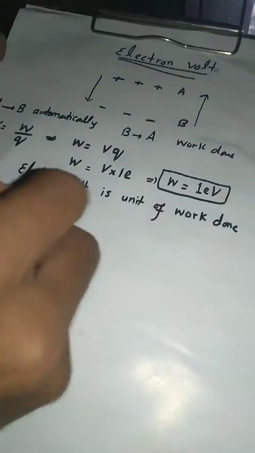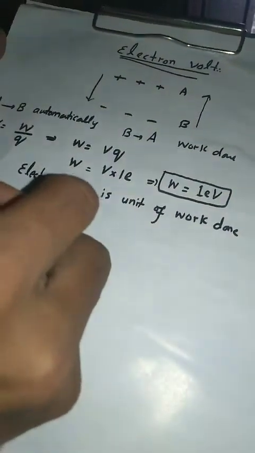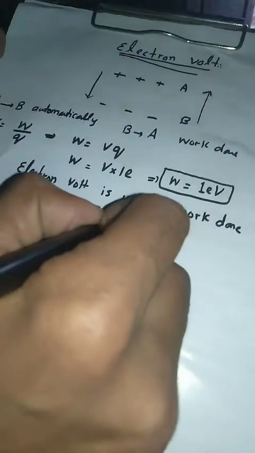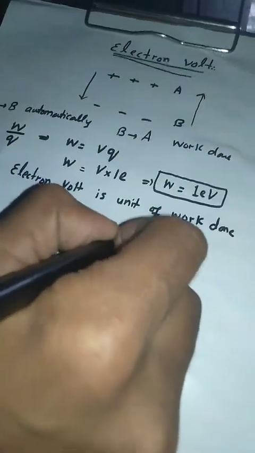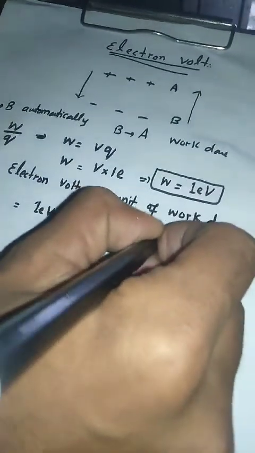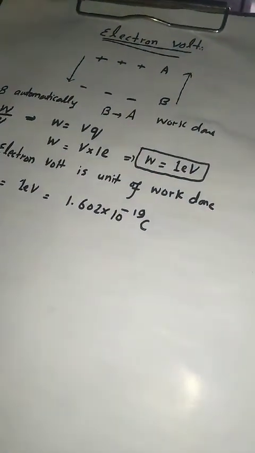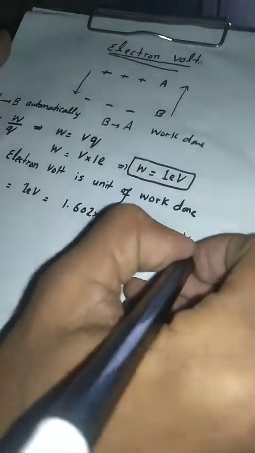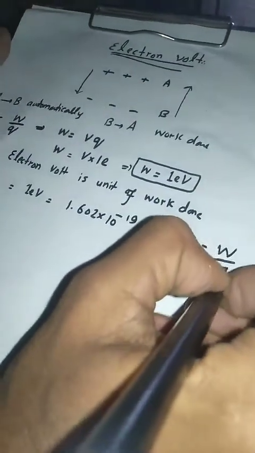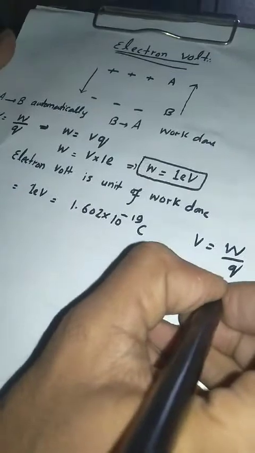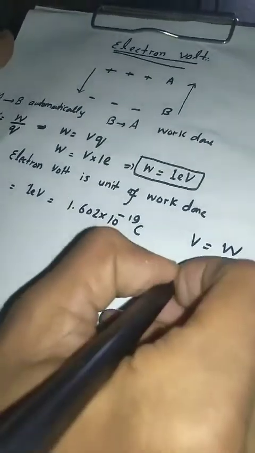Now, 1 electron is equal to 1.602 into 10 raised to power minus 19 coulomb, and 1 volt is equal to joule per coulomb, because voltage V is equal to work done per unit charge. So voltage is joule and charge is coulomb.